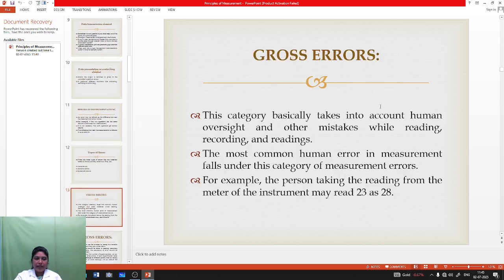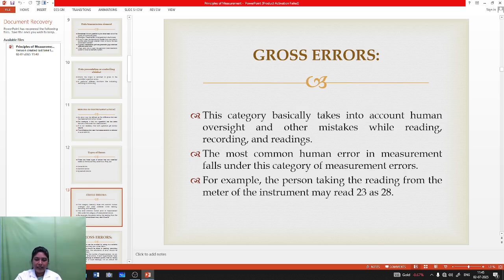Gross error occurs mainly due to human carelessness. That is, the human himself takes a reading in a careless manner. For example, if the actual value of a measurement is 28, and he takes the reading as 23 due to poor sight, then this error is called gross error.